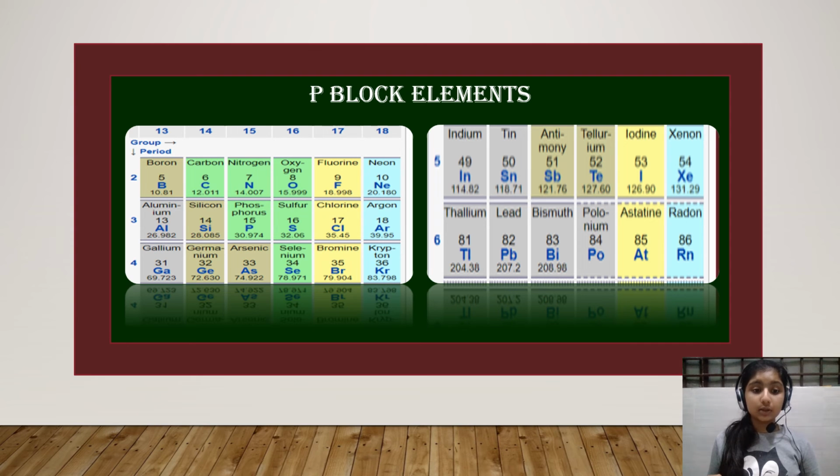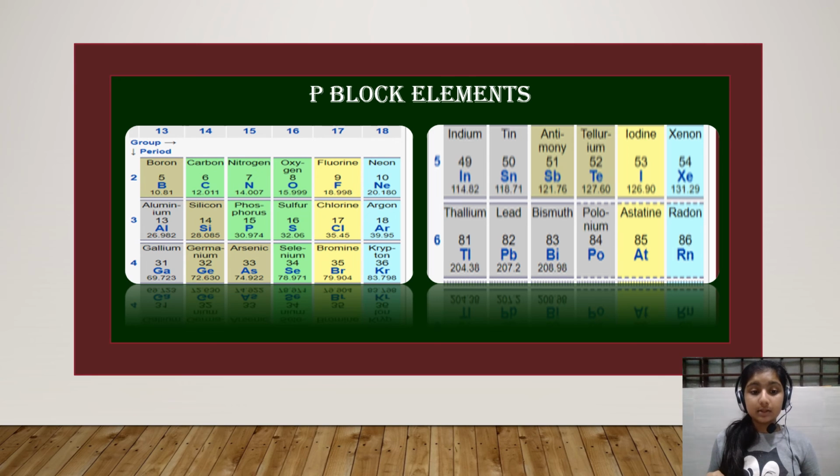The 14th group, carbon, silicon, germanium, tin, lead. The 15th group, nitrogen, phosphorus, arsenic, antimony, and bismuth. 17th group, fluorine, chlorine, bromine, iodine, astatine. The 18th group, neon, argon, krypton, xenon, radon.